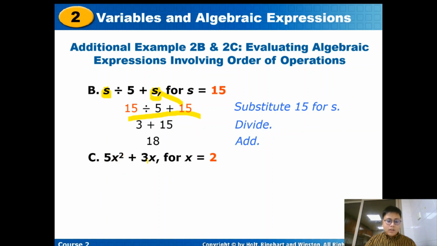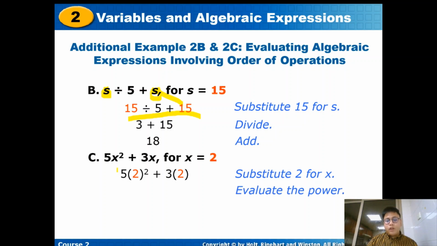5x squared plus 3x, where x is equal to 2. Again, substitute x with 2. So 5 times 2 squared plus 3 times 2. Then evaluate the power. Always remember, you have to do what is written in the order of operations. You have to do what should be done first, which is the exponent. Of course, we don't have a group here.